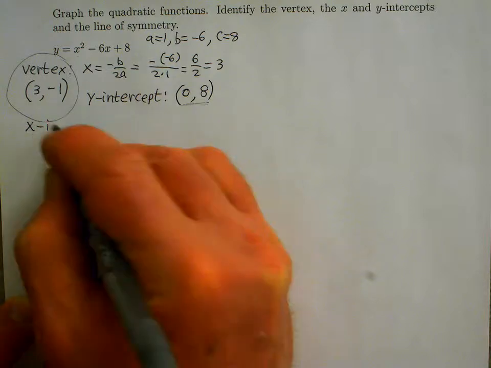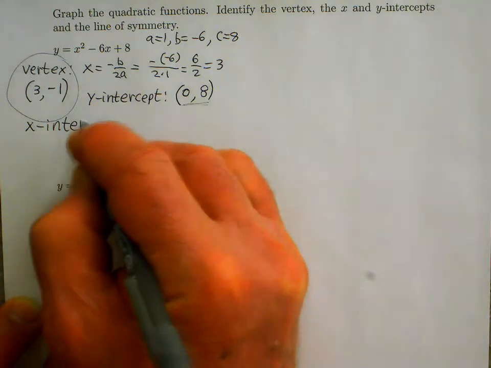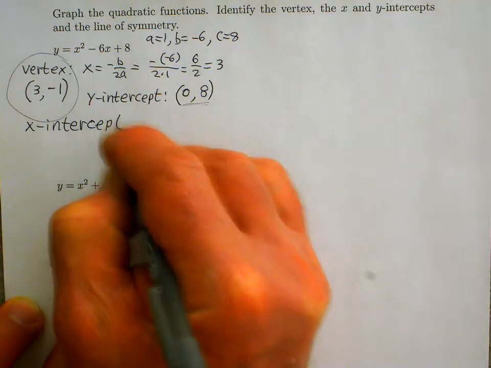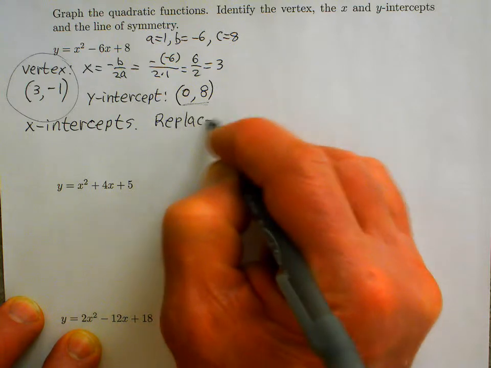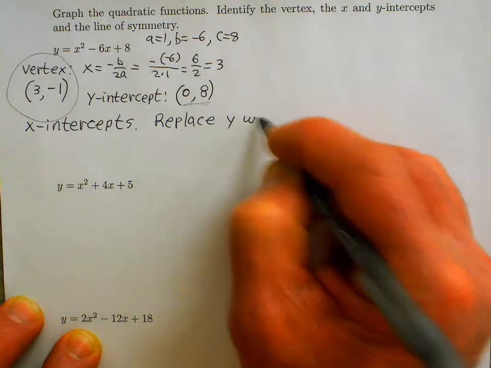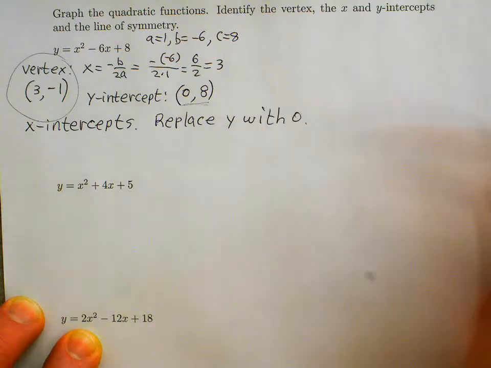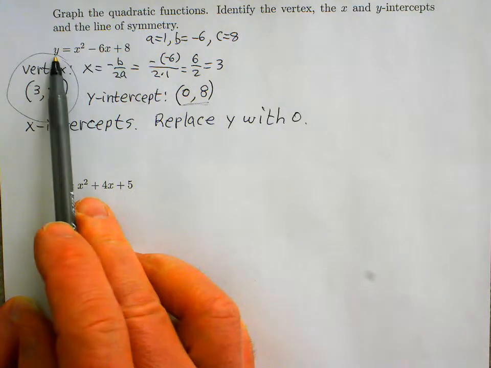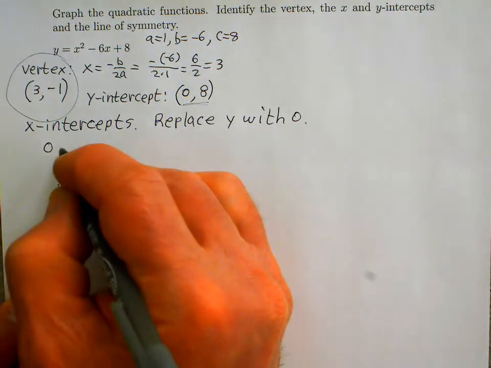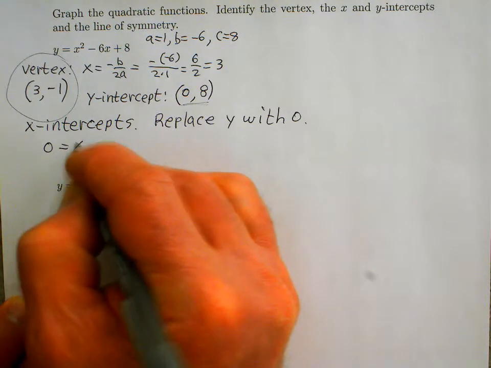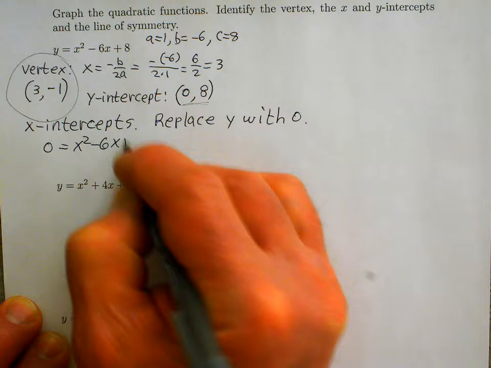Every x-intercept has a y coordinate of 0. So the procedure is replace y with 0 and solve for x. So replace y with 0, we get an ordinary quadratic equation, 0 equals x squared minus 6x plus 8.